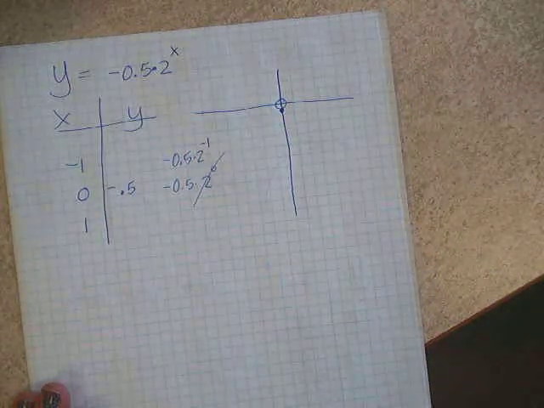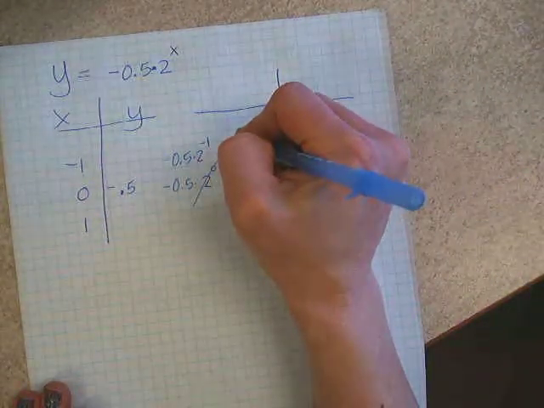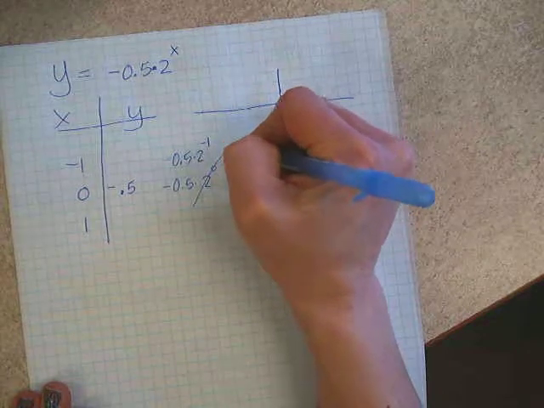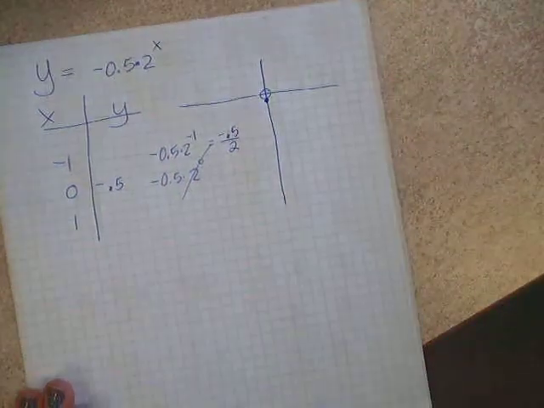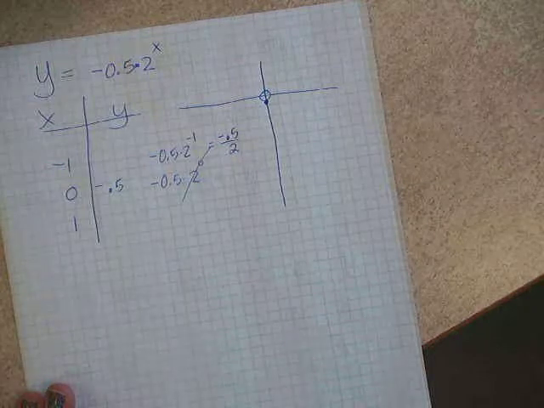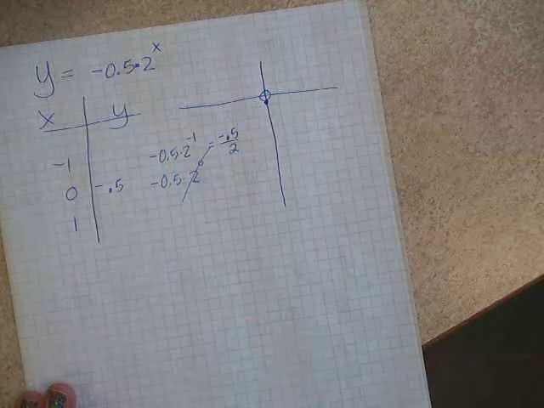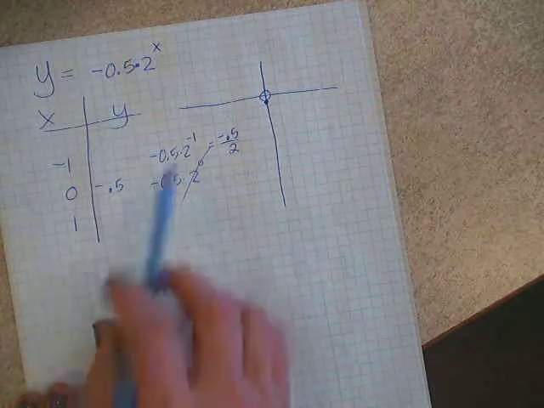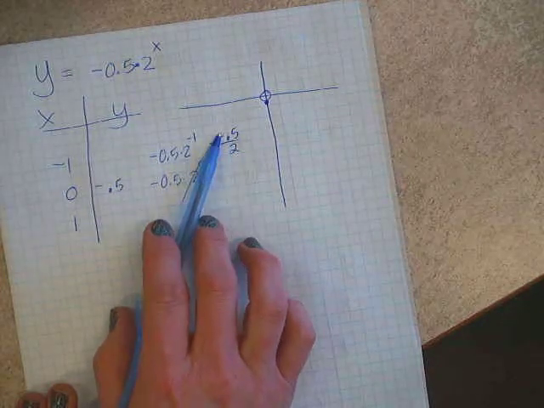Negative 0.5. Okay, so that is going to be down a half. So if I do negative 0.5 times 2 to the negative 1, this ends up being negative 0.5 over 2.